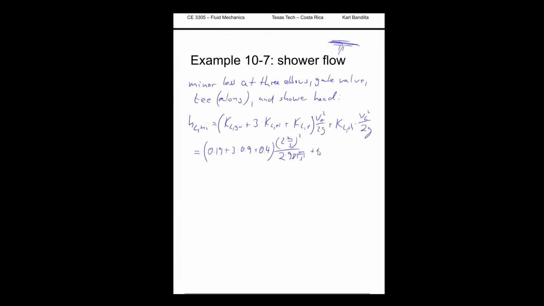So that would be 0.45. Now the velocity is the one that we calculated, 3.55556 meters per second, divided by 2 times 9.81 meters per second squared, and that gives me a total of 0.960698 meters.